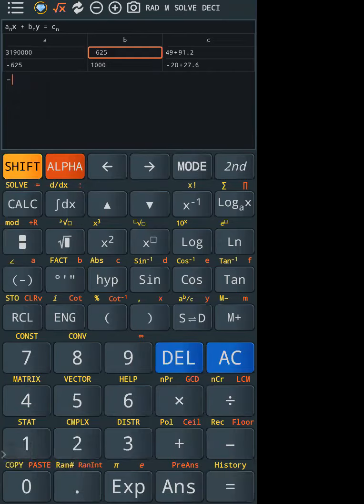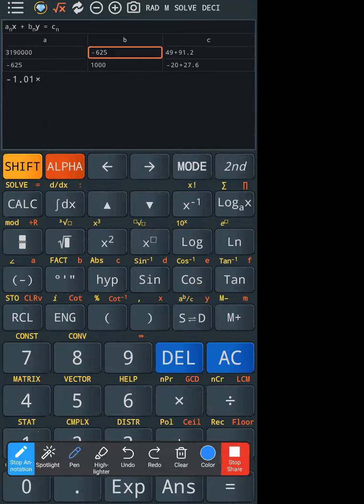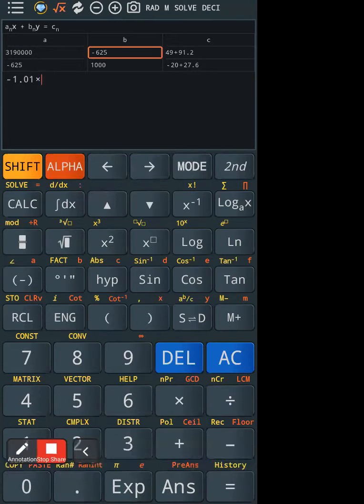Next, minus 1.01 into 10 raised to power 6, right?